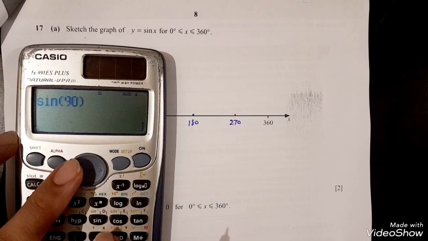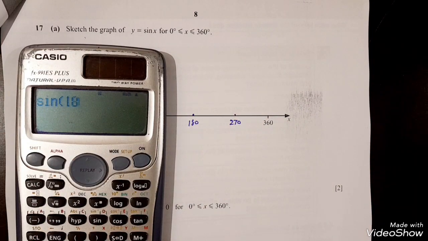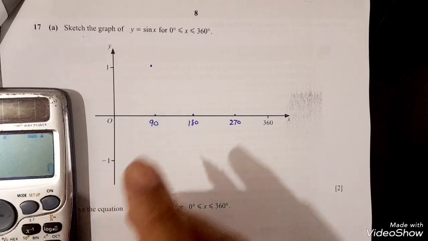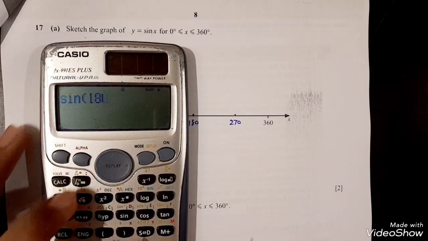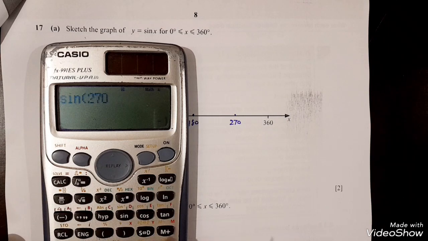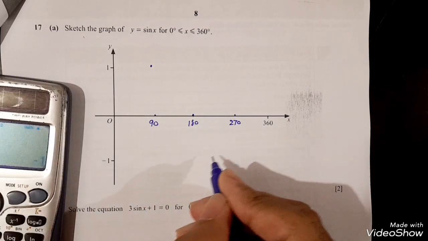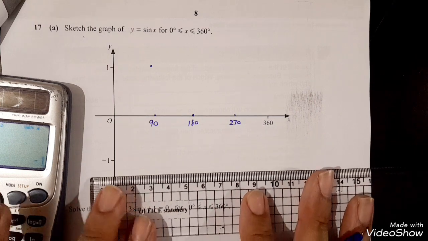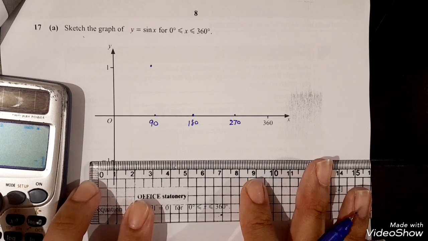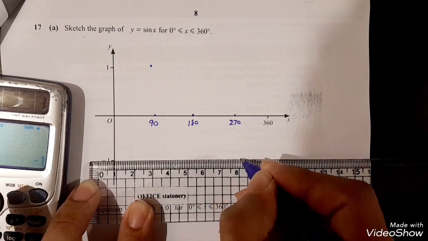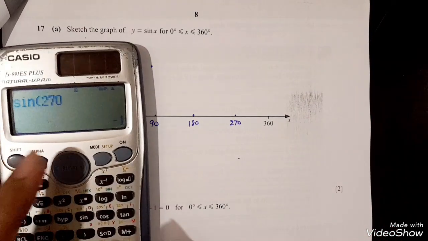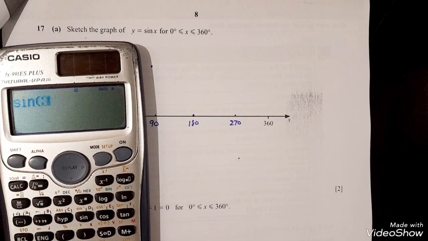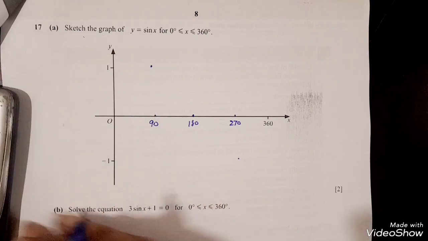Then sine 180, which will be 0. It will be over here. Then sine 270, which will be minus 1. It will be over here, at 270. And then for 360, it will be 0.